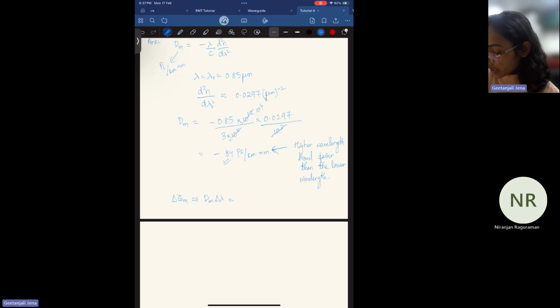It is given by minus 84 into 50. If you calculate it, it will come around 4.2 nanosecond per kilometer. Okay. So this is the final answer.